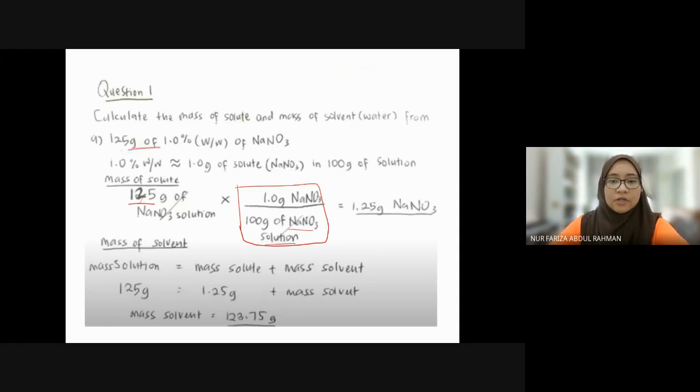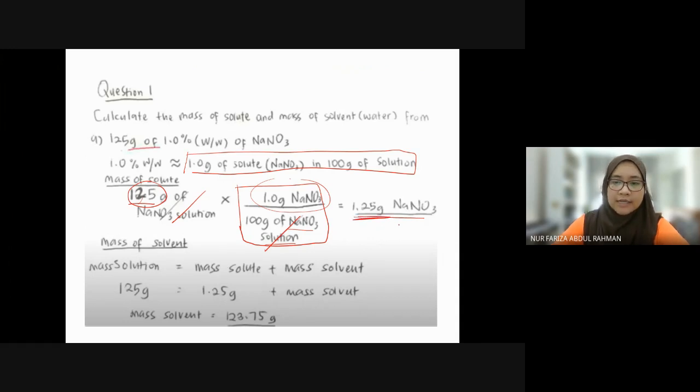These two should have the same unit, so this can be cancelled out. Up here we have 1 gram of sodium nitrate, which again is obtained from the information given. From there we can calculate the mass of the solute for 125 gram of the solution.